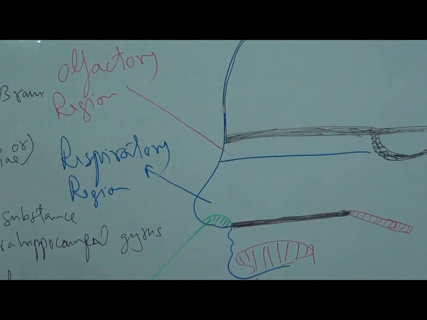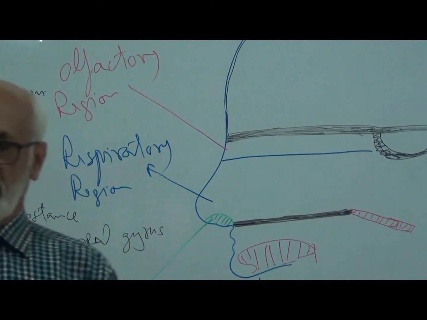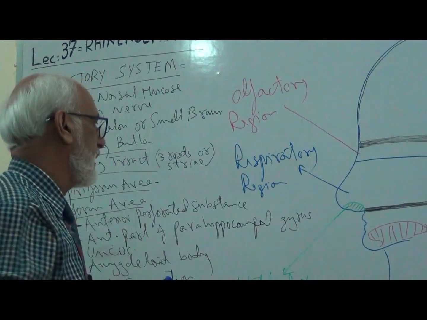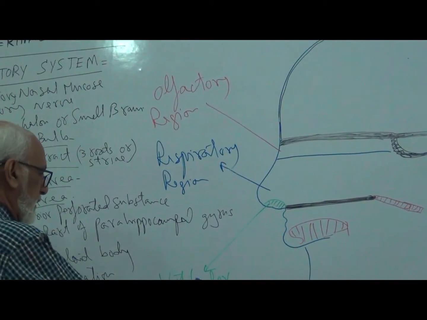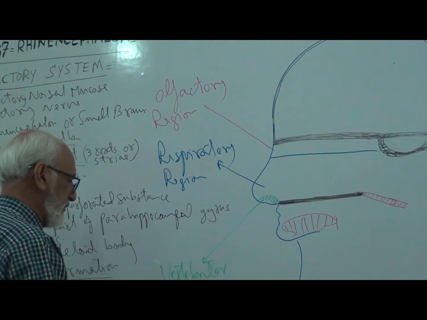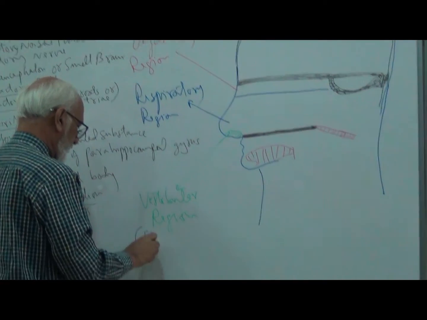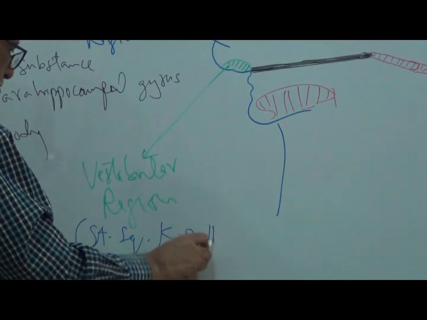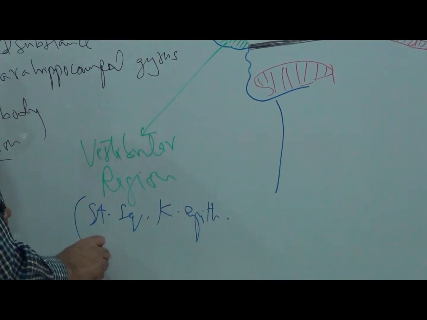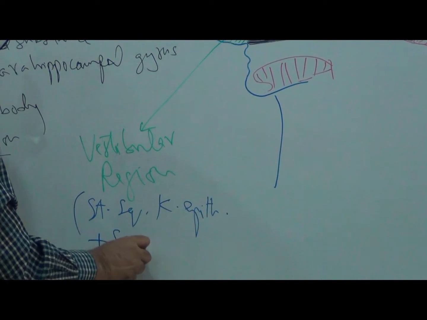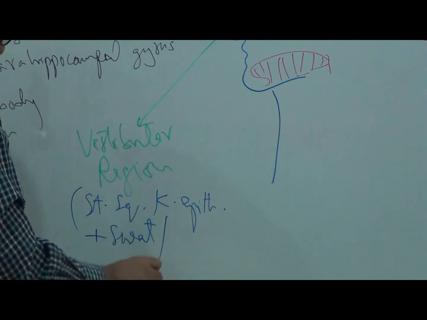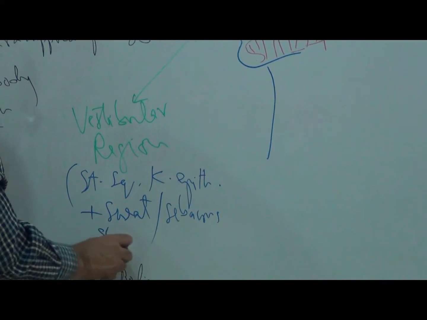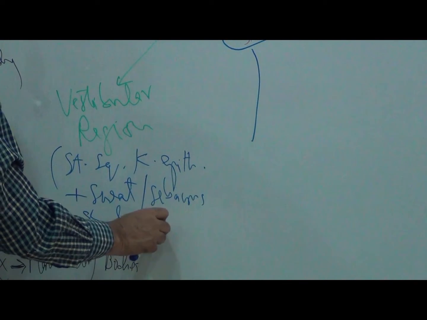Now the vestibular region, the inner surface of the lower dilated part, the vestibule, is lined by mucosa which is epidermis, that is stratified squamous keratinizing epithelium with sweat glands, sebaceous glands, and hair follicles.